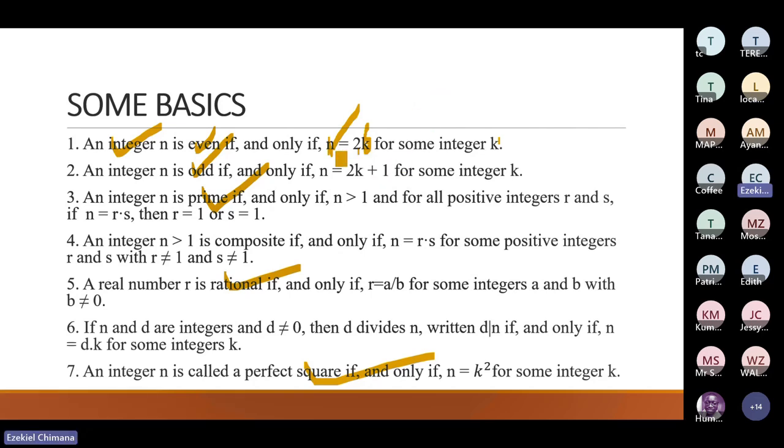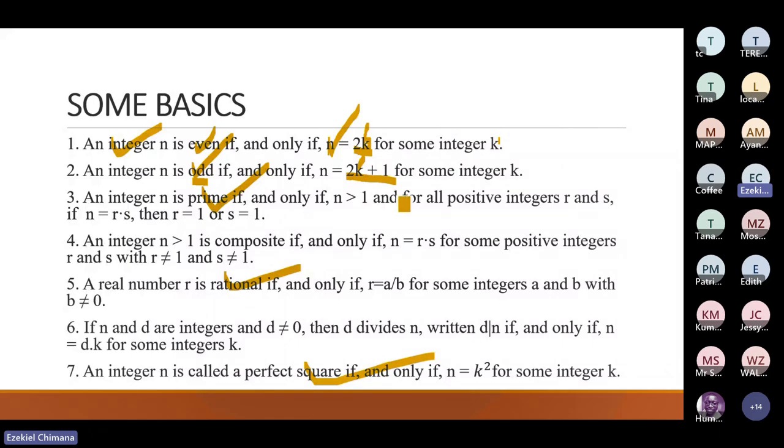So any number being said to be even must be expressed in terms of 2k. And any integer is odd if and only if it can be expressed as 2k plus 1 for some integer k.